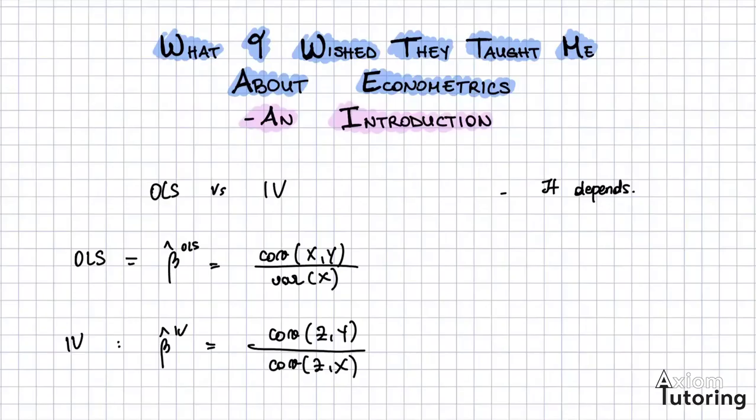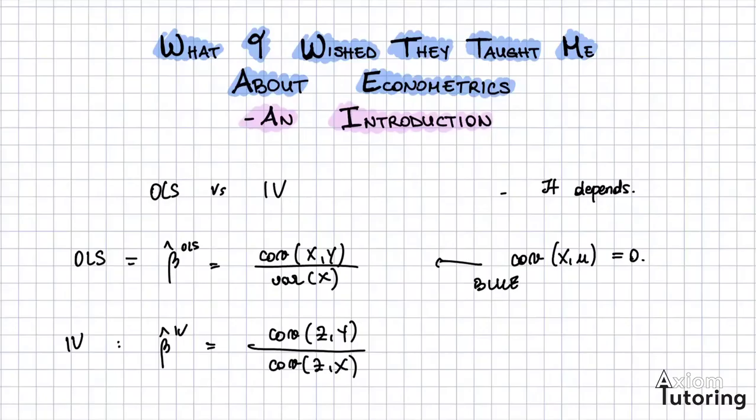Now, when OLS assumptions hold, meaning the covariance of x and the error term is equal to 0, meaning x is exogenous, then sure, OLS is unbiased, OLS is efficient, it's ultimately the BLUE estimator. It uses all the variation in x, and we have maximum precision. IV will also be consistent in this case.